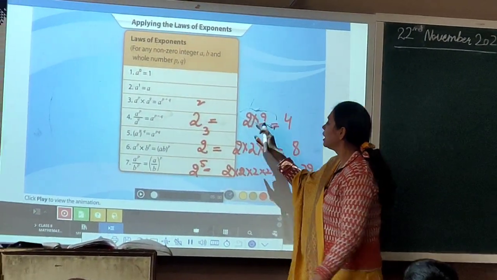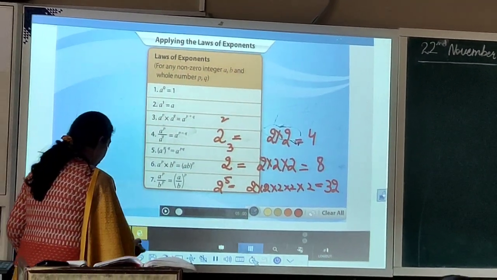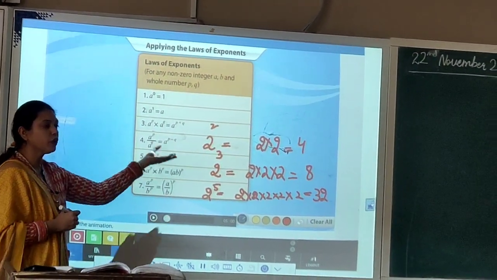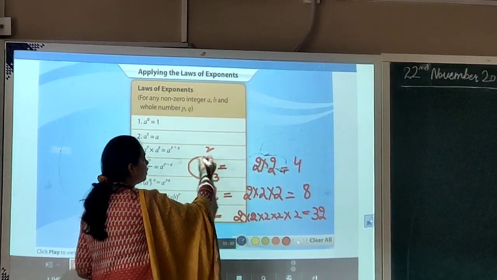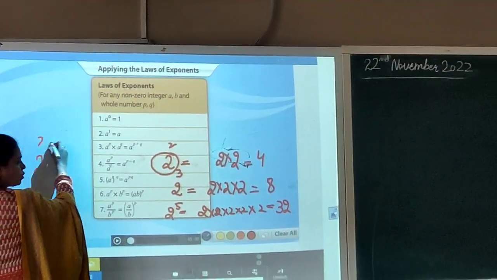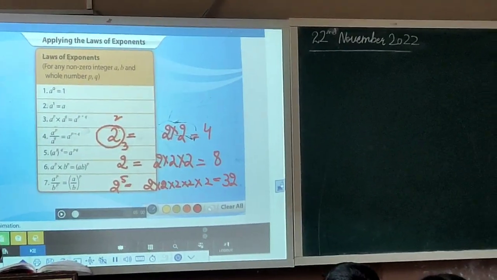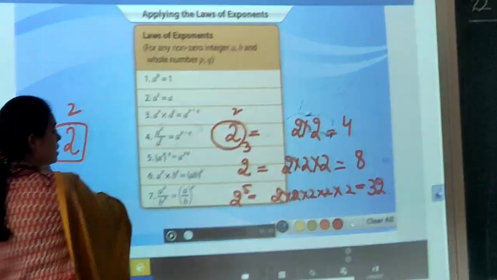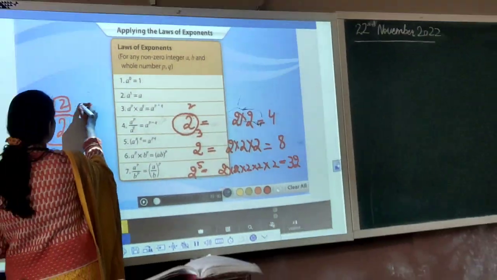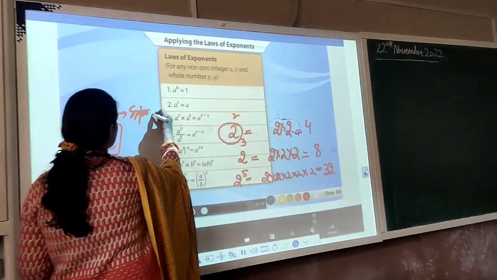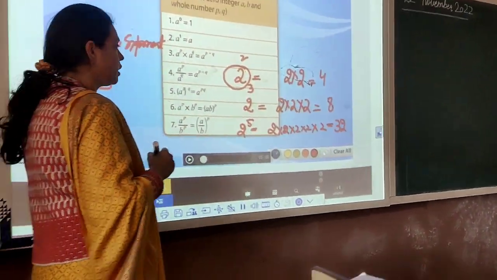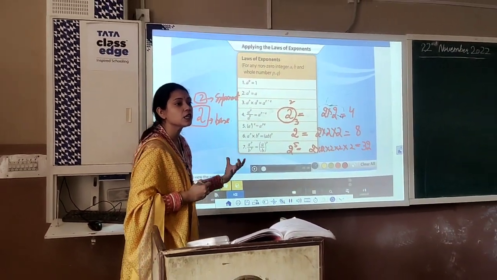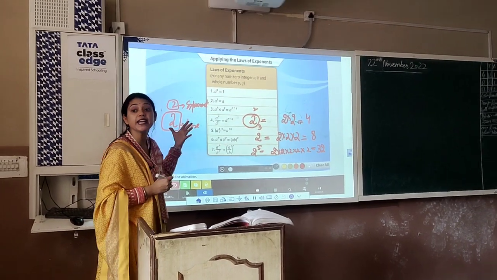Now in 2 raised to power 2, this 2 is known as the base, and this power 2 is known as the exponent.